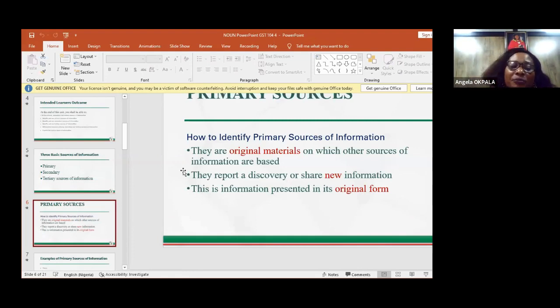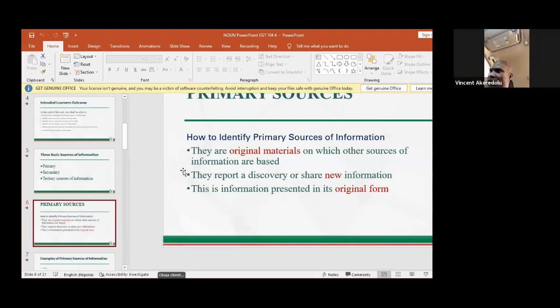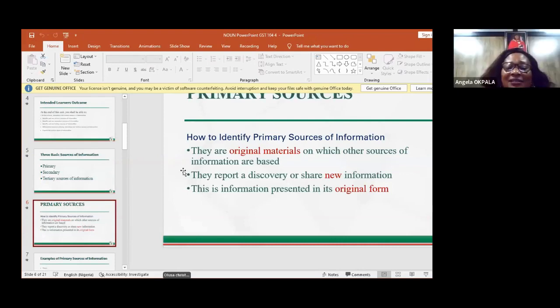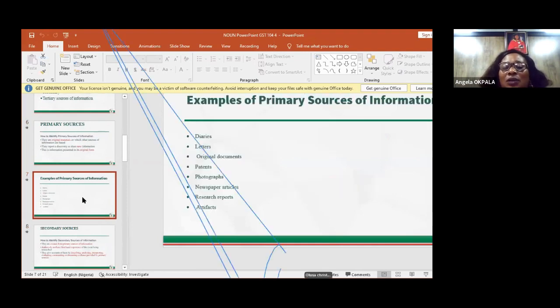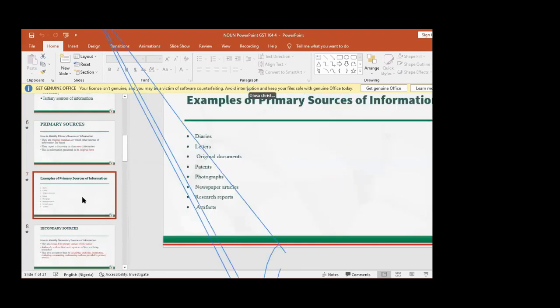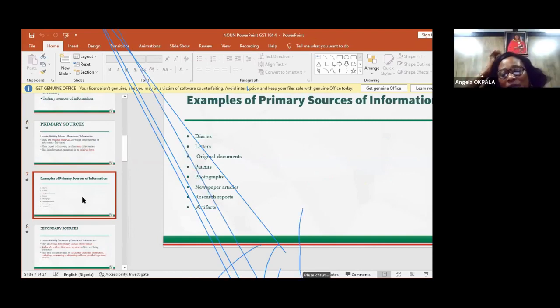So we have primary sources of information. We are going to be looking at them because I actually listed them. Now, in that place, I think I listed some. We'll still go on. I listed some. So please, somebody is trying to spoil our screen. Please, Olusola, watch what you are doing with your screen.